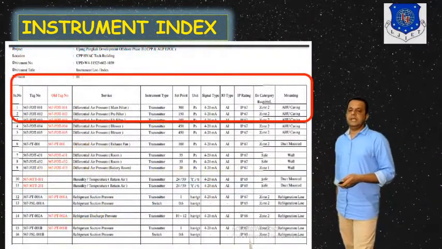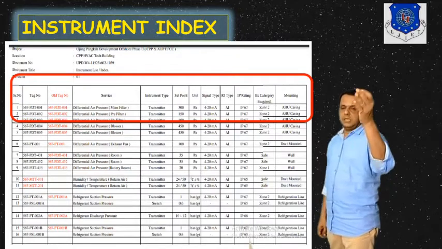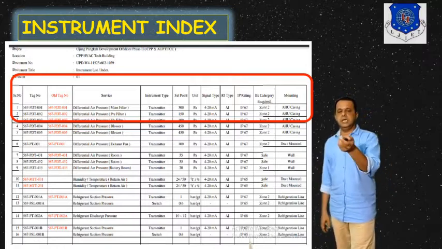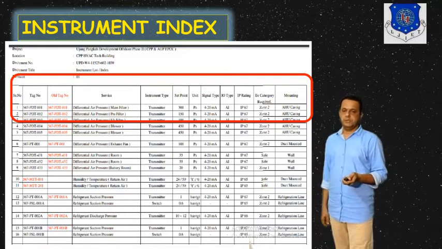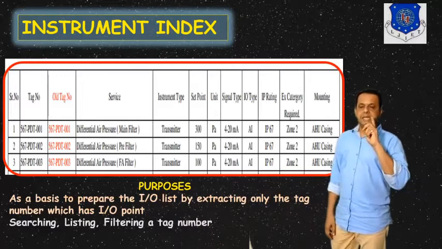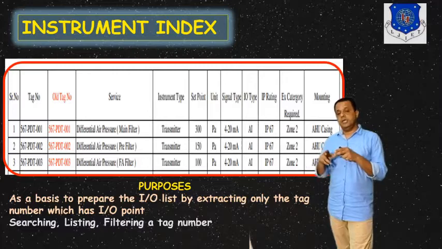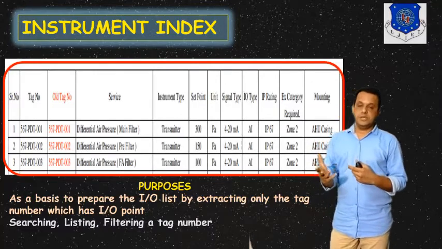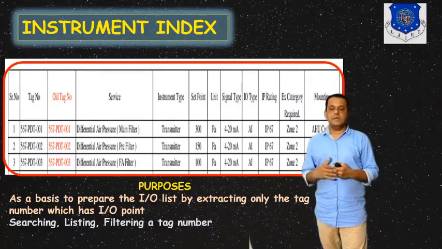Here I am showing you one example of an instrument index. It's a large instrument sheet, and I have taken a small part. Let us see the headings which we are covering for sample purposes. Serial number, then tag number, then the old tag number if it has changed, where it is in service, and then instrument type, whether it is a transmitter or measuring device or something.